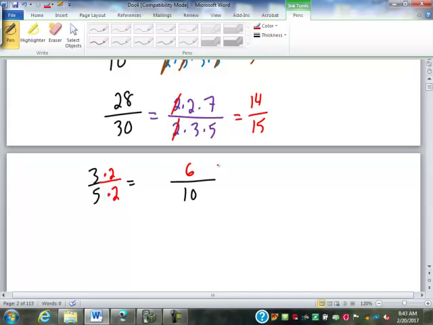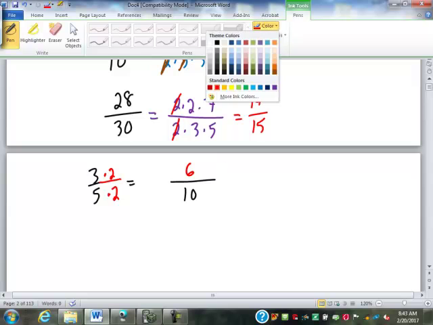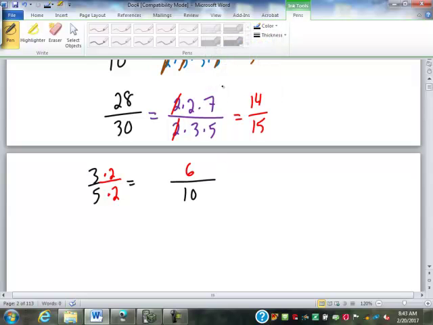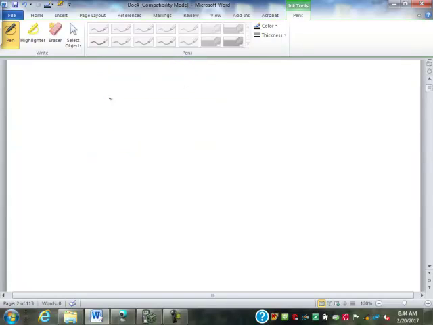So all we've done is put an additional factor into each of them. So as long as we're either putting in or taking out common factors from the numerator and denominator, we will not change the value of that fraction. So the reason the question comes out, why am I going over this? Well, we talked about things like this.